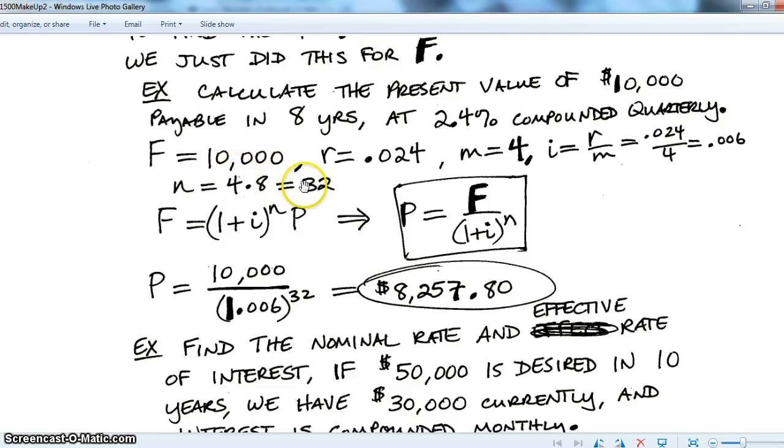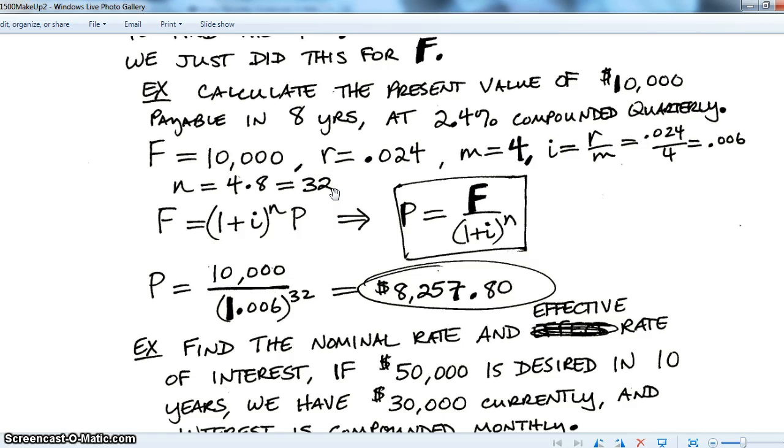So F is 10,000. R is 2.4%, so 0.024. Quarterly means we're going to be doing it 4 times a year, so M is 4. And then the interest rate per period is R over M, so 2.4% divided by 4 is 0.6%, or 0.006.